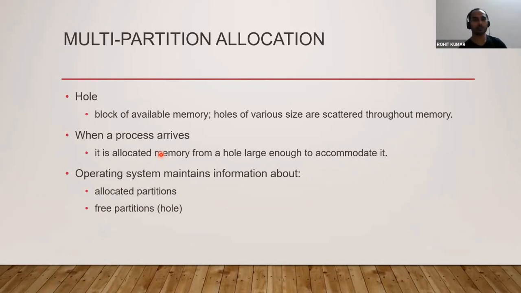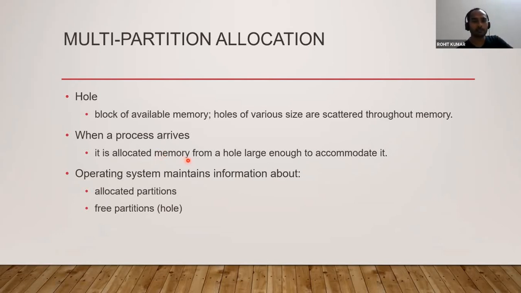Allocation policy means that when a process comes into the system, it will look for a suitable hole that is sufficient in size to hold the whole process or the component. So whenever a process is swapped into memory, your RAM, you need to find a suitable hole that is capable of holding the whole process.